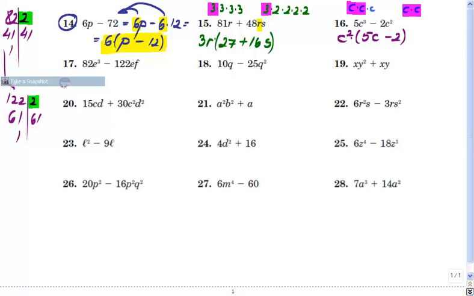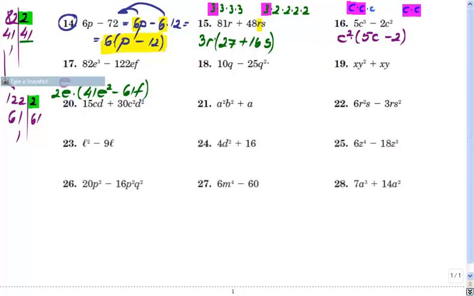So my common factor that I'll take outside the parentheses will be 2e, multiplied by, in parentheses, whatever is left from each one of these two monomials divided by the common factor 2e. If you divide 82 by 2, you will be left with 41. E cubed divided by e will be e squared, minus 122 divided by 2 is going to be 61. EF divided by e will be just f, and that's the answer for this one.